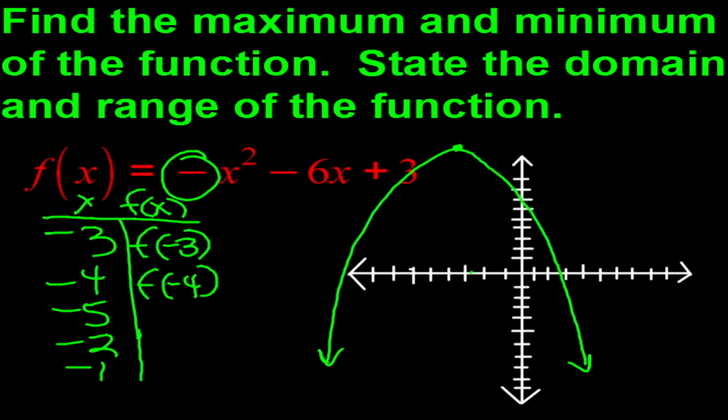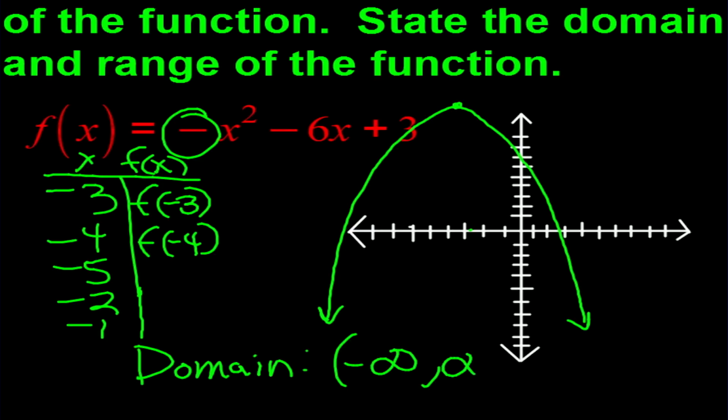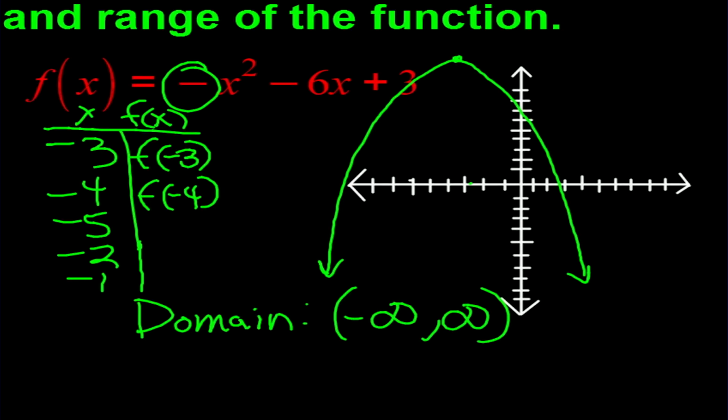Well, once again, with a parabola, the domain is always negative infinity to positive infinity. The range is the part that could be a little tricky sometimes. The range, remember, is the y values. So what I want to do is look at the y values, and this top value on the y-axis is going to be at 12. So that tells me that's the maximum value.